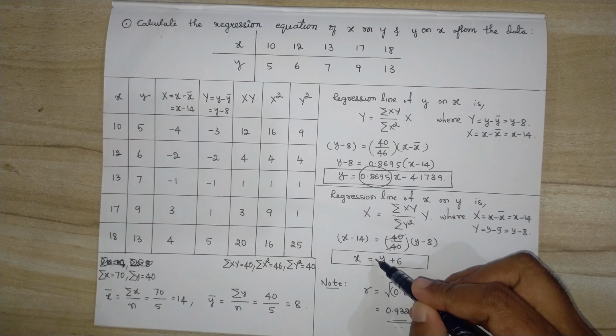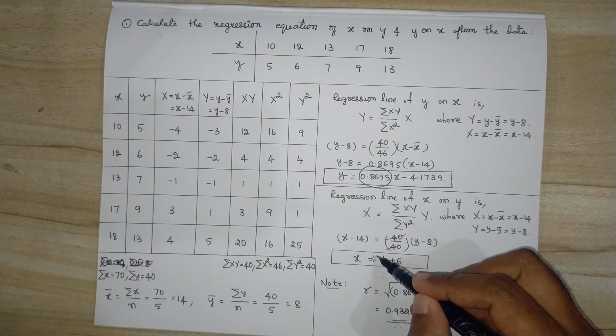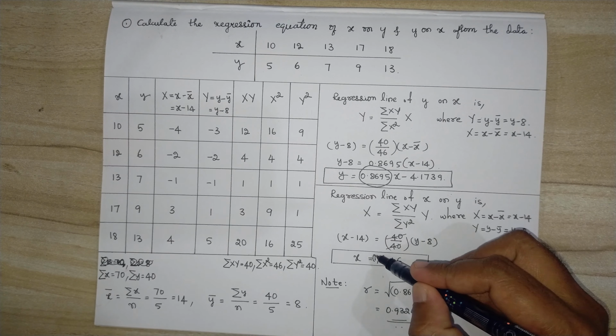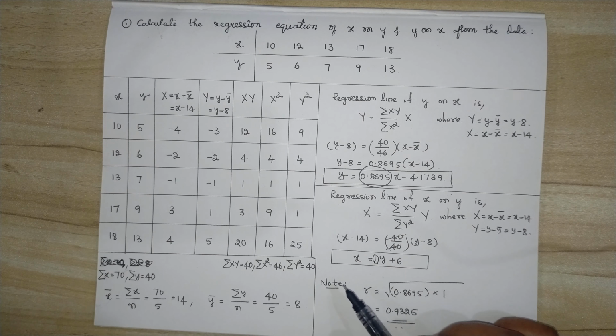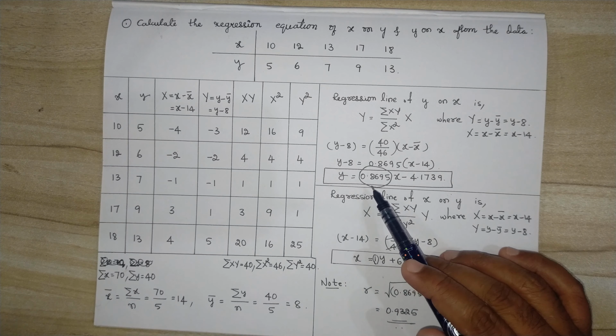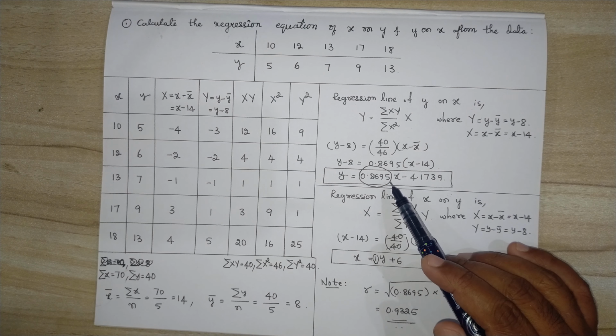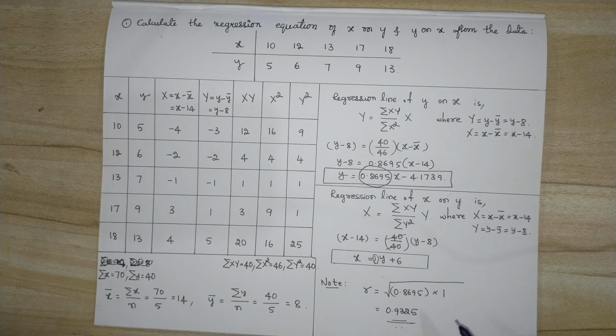And look here, the coefficient of y is 1, right? So here 1 is the slope of the regression line of x on y. 0.8695 is the slope of the regression line of y on x. If I calculate the geometric mean of these two slopes, I can get the coefficient of correlation.